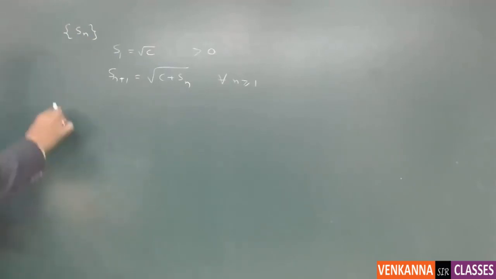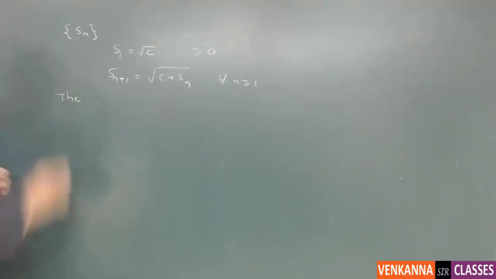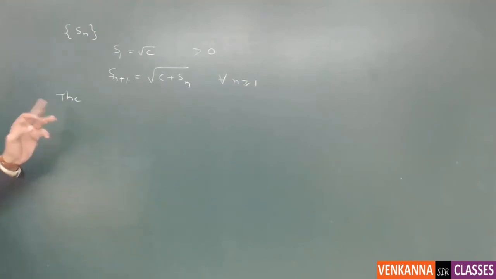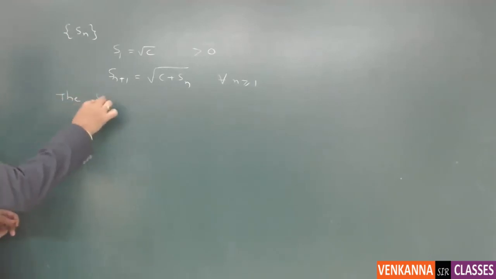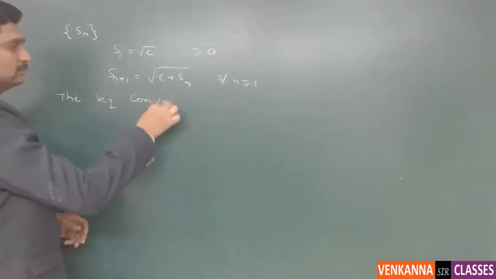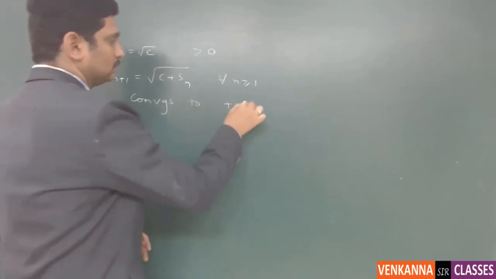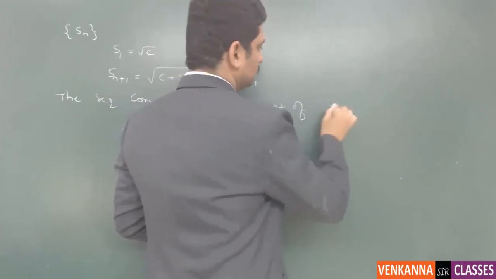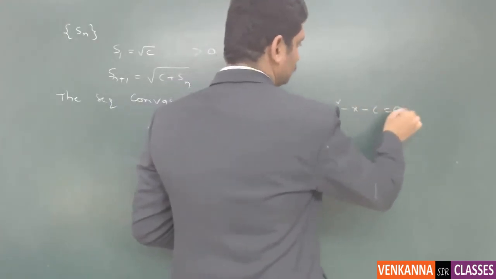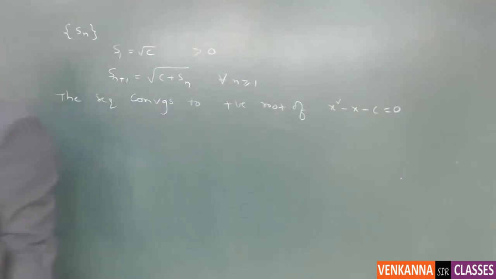And you have to prove that it converges to the positive root of, this was the question, the sequence converges to the positive root of x square minus x minus c equal to 0.